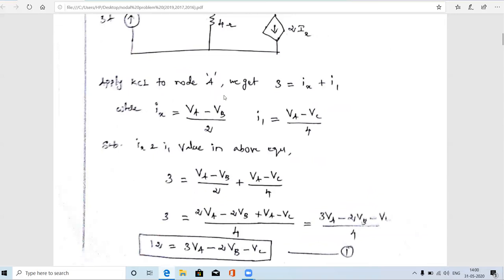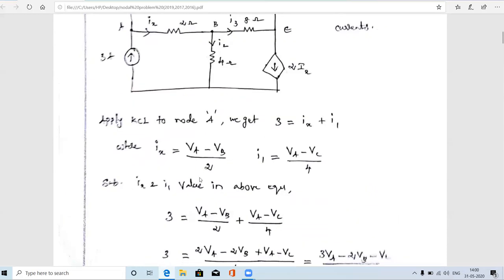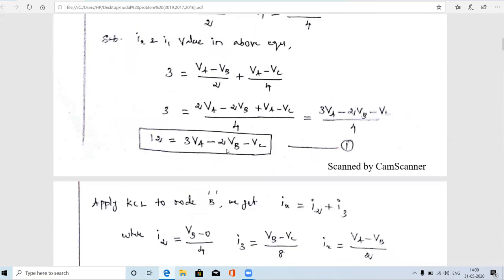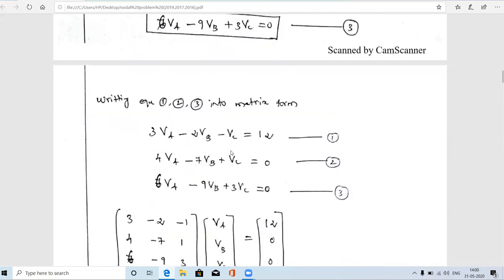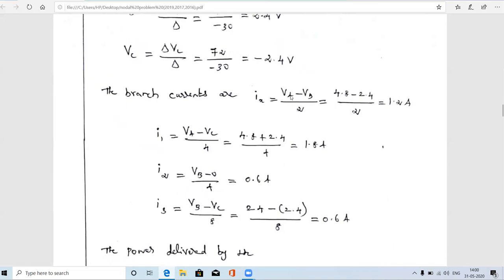Ix is the current flowing through this branch in the diagram. Ix is VA minus VB divided by 2. We already have the equation, but we have to substitute the values of VA and VB. So Ix equals VA minus VB divided by 2: substituting VA as 4.8 and VB as 2.4, divided by 2, we get the answer 1.2 amps.